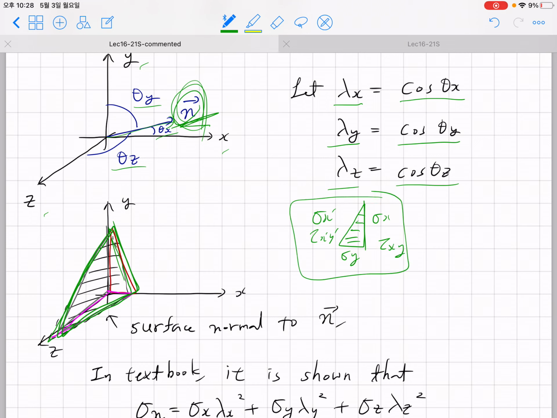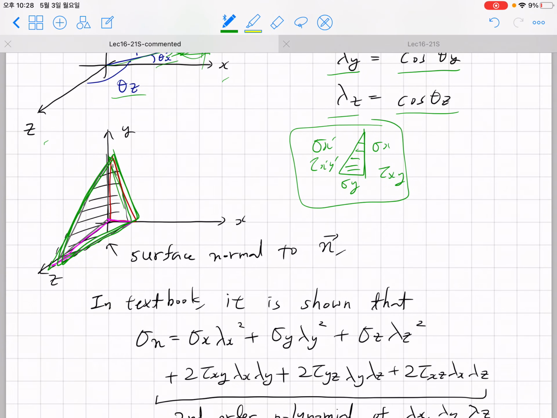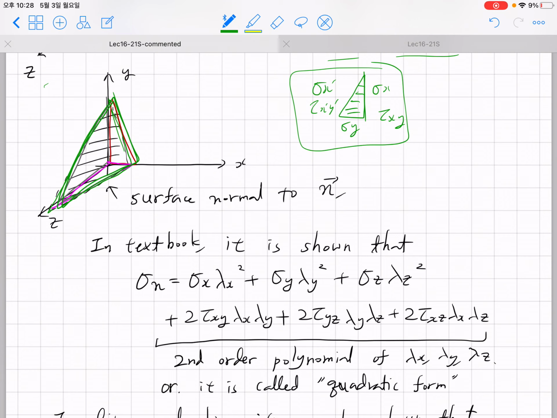We can do a 3D version of this, and I'm not gonna follow all the derivation in the textbook. In the textbook, it is shown that the normal stress on this inclined surface that is perpendicular to the n vector can be written as a function of sigma x, sigma y, sigma z, tau xy, tau yz, and tau xz, and some directional cosines.